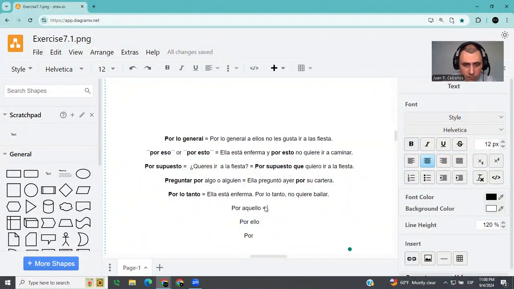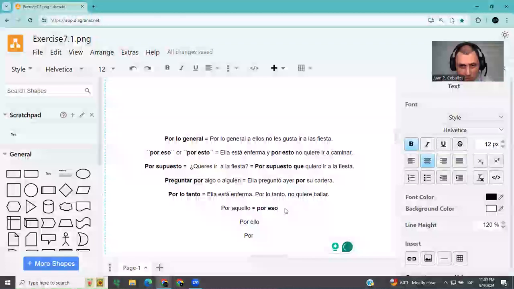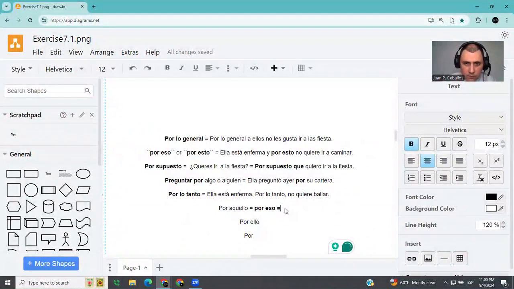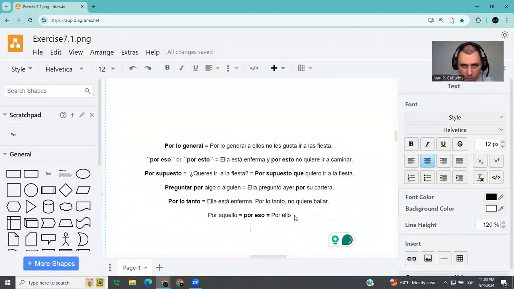These two are synonyms. Por ello is also another synonym of por eso. All of these are synonyms.